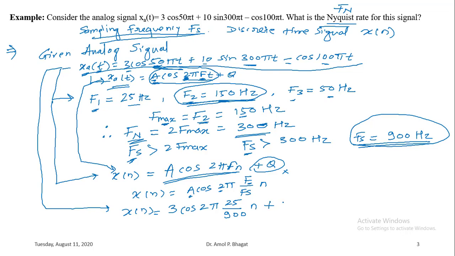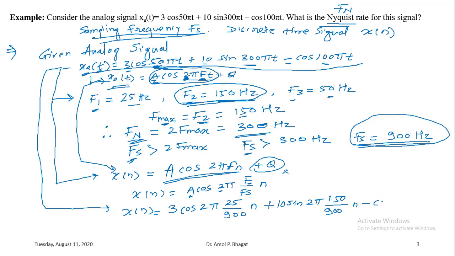Plus similarly I can take it as 10 sine, again 2 pi, because I am simply rewriting this as 2 pi Ft. So capital F is nothing but here now 150, so 150 upon 900 multiplied by n, right?